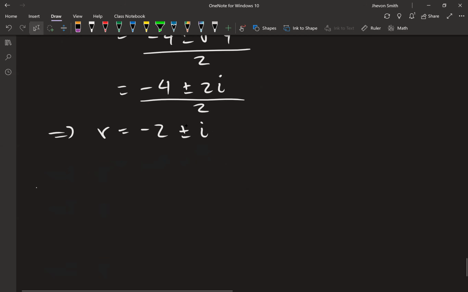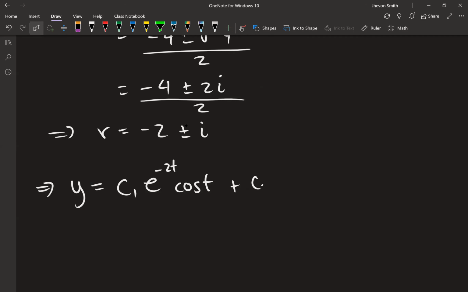This immediately gives me the case that y is going to be c1 e to the minus 2t cosine t plus c2 e to the minus 2t sine t. So that's our general solution.